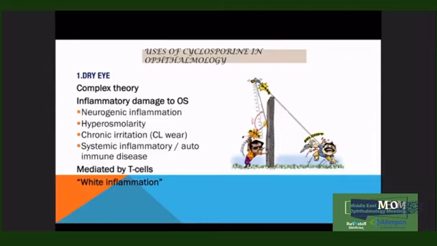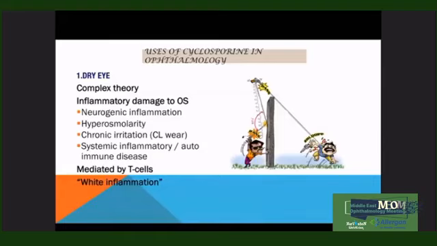The various autoimmune diseases are also implicated and known to cause dry eye. The whole process seems to be mediated by T cells, thus inducing a form of white inflammation on the ocular surface.